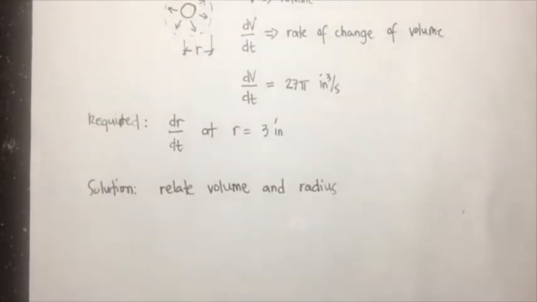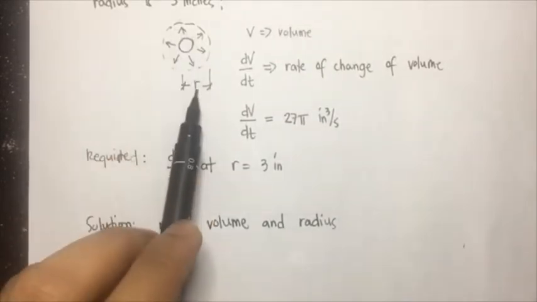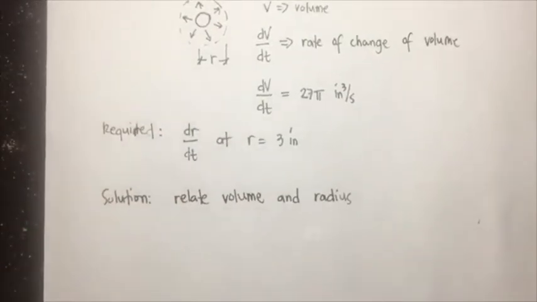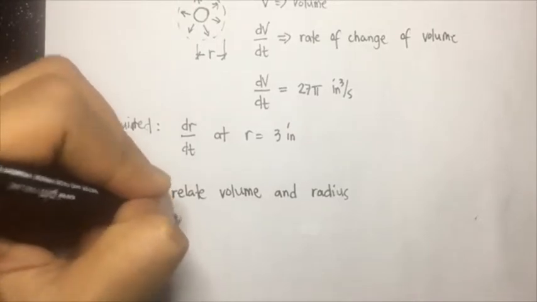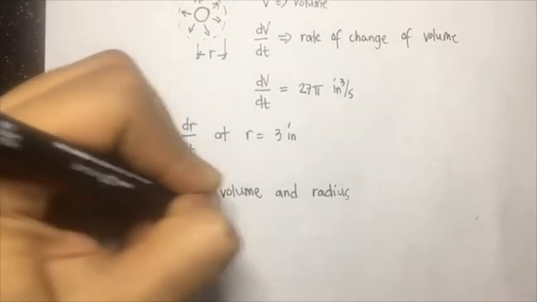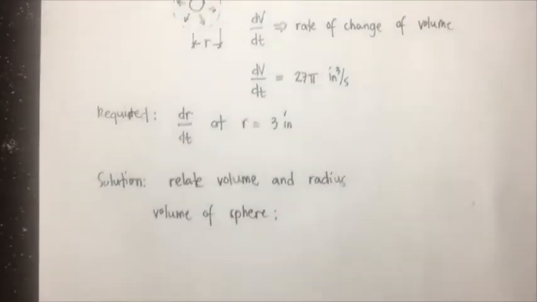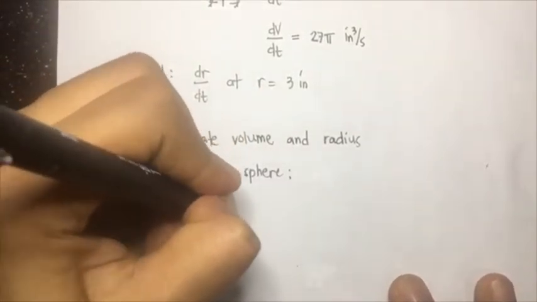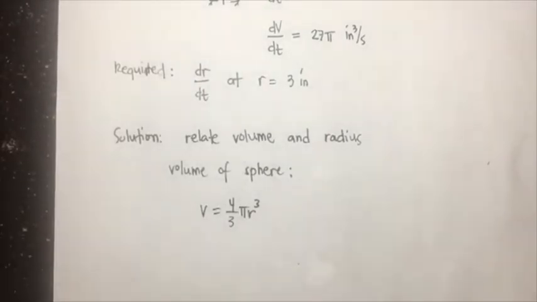We must establish a relationship between the volume of the sphere and its radius. That is very simple from the formula. The volume of a sphere is V equals 4 over 3 pi r cubed.